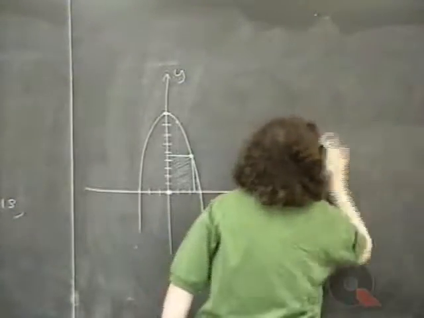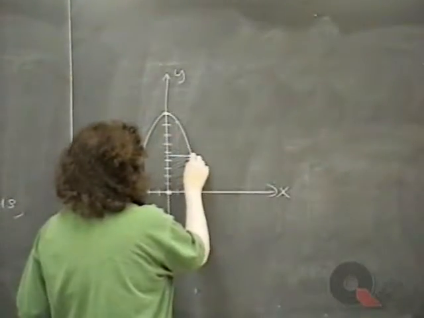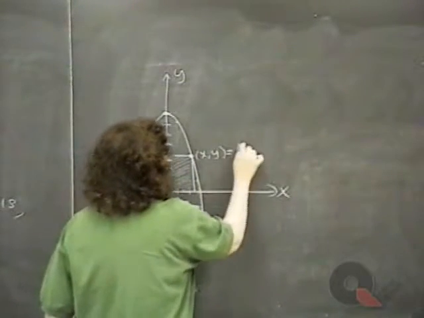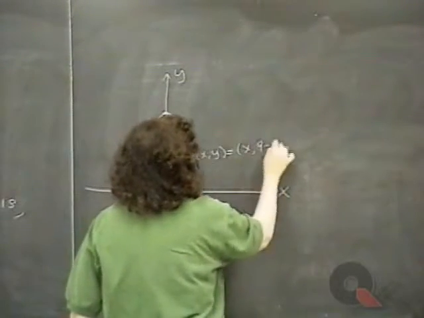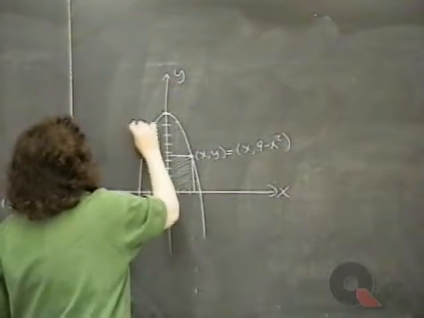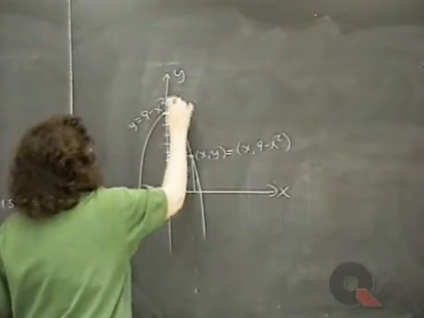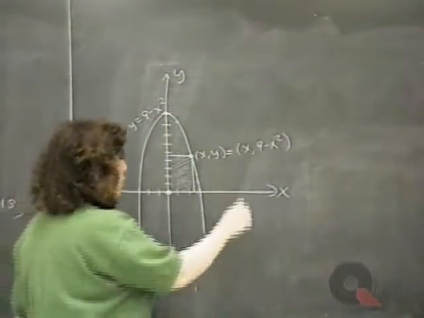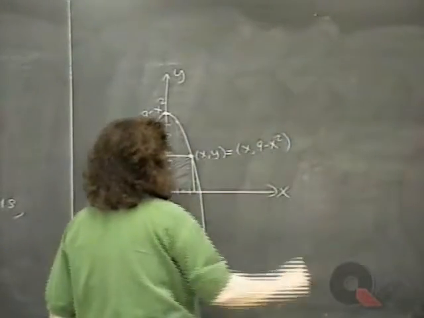The point over here is the point x comma y, which is really x comma 9 minus x squared, since the y value is determined by the equation of the parabola. This is a point on the parabola, so its y coordinate is 9 minus the square of its x coordinate.